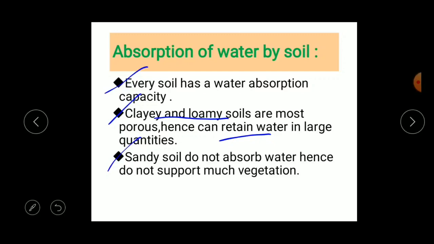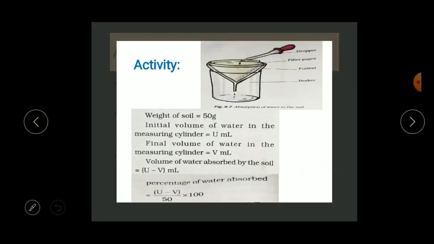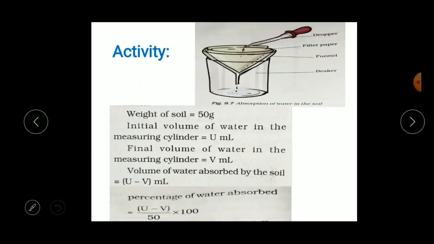Now children, let us do one activity to find out the percentage of water absorbed by the soil. What are the things you need here? You need a funnel, a beaker, filter paper, and a dropper.